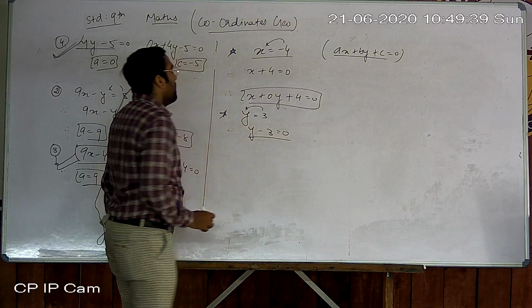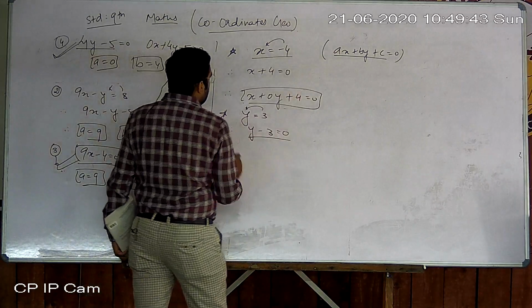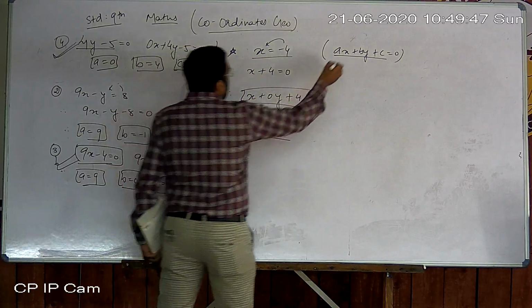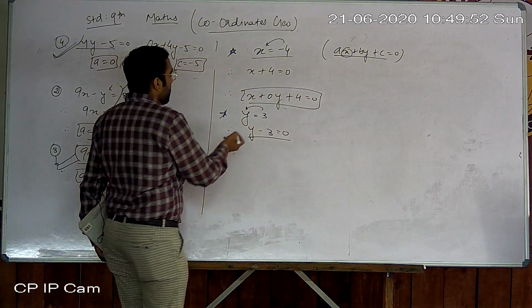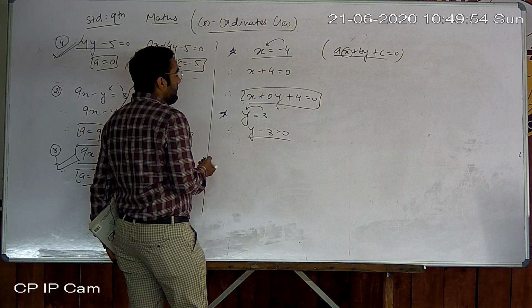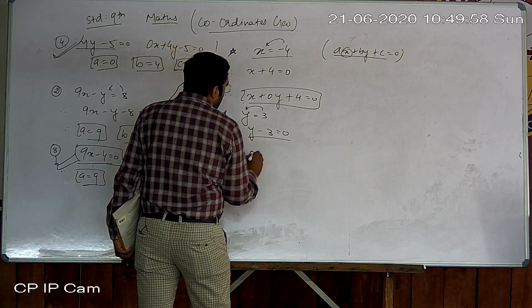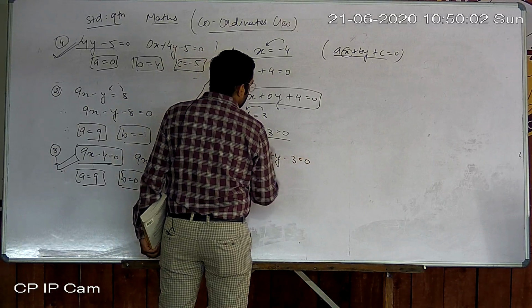Now as per the standard formation, I want variable x in this formation, but here is not any kind of variable x available, so I'll put 0x plus y minus 3 equal to 0.